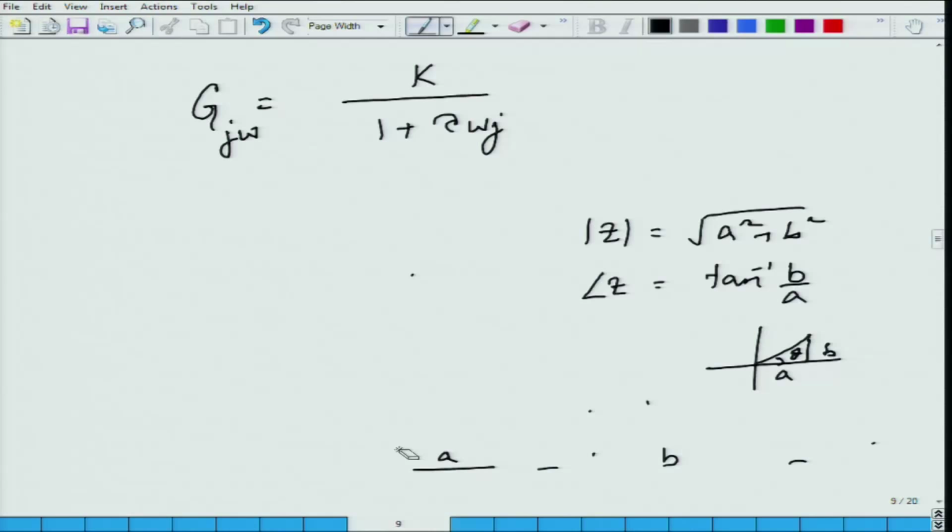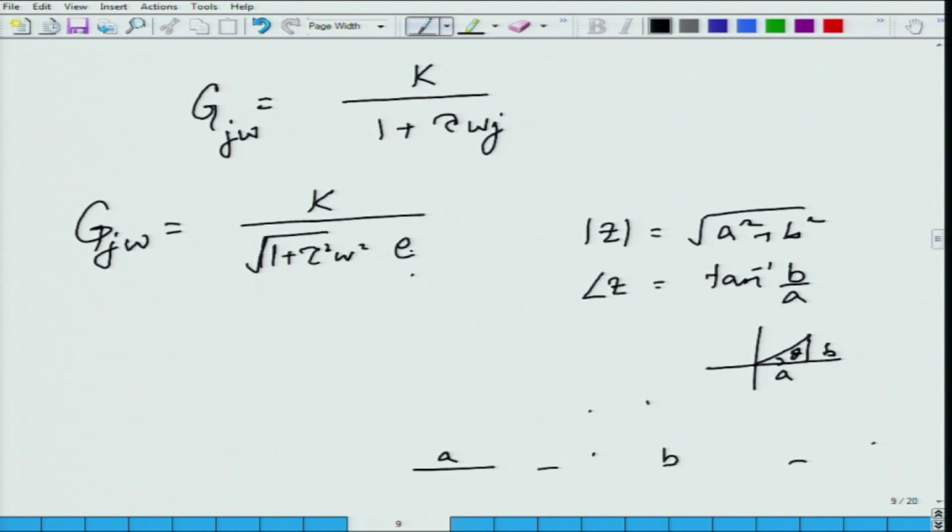What do we do? Okay, so G(jω) will be equal to k divided by... k remains k, and I can replace this complex number by the magnitude of this guy, and the magnitude of the denominator is going to be the square root of 1 plus τ²ω², and the angle of this guy will be e to the power imaginary part by real part, tan inverse of imaginary part by real part.